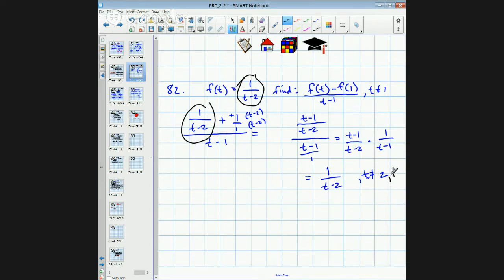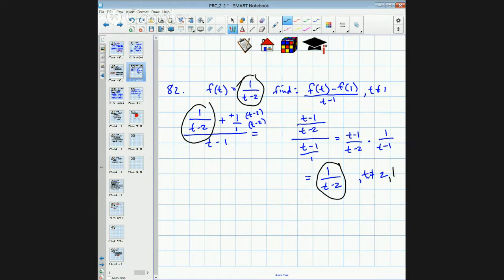I'm not sure why I have the comma 1 there. Let me think that through. Oh, I get it now. This is your answer. What this is saying is t can't be 2 or 1. Do you see why? If it was 2, this is garbage, right?